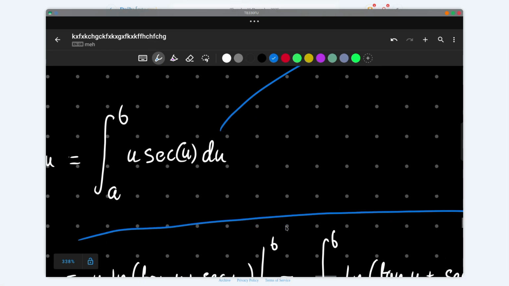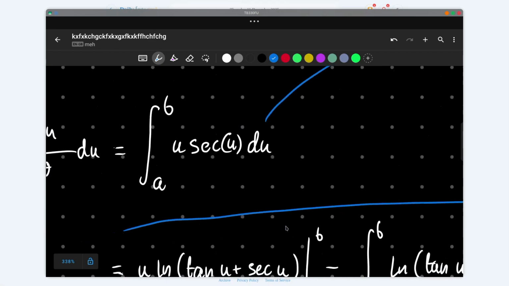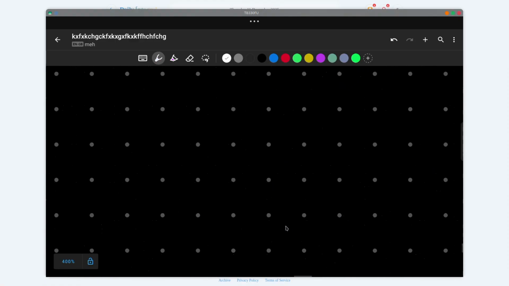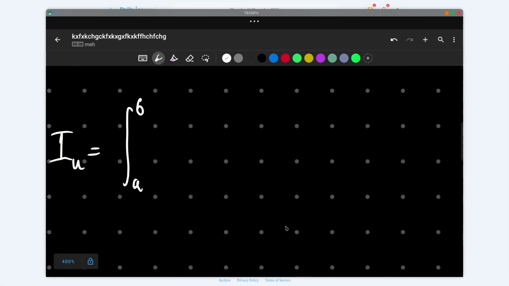I don't even know what the parameter is going to be. What would the parameter be? I of u is equal to some integral from a to b of u sec u du.